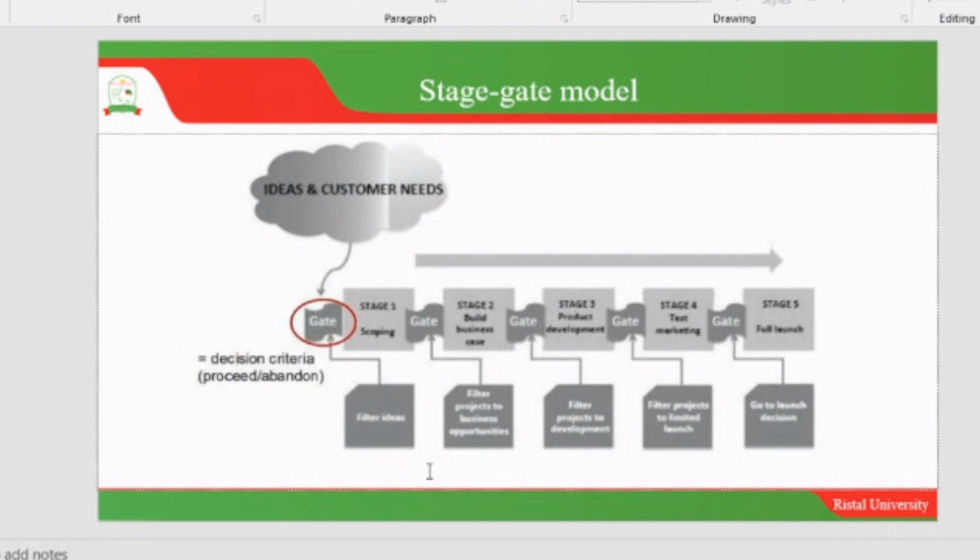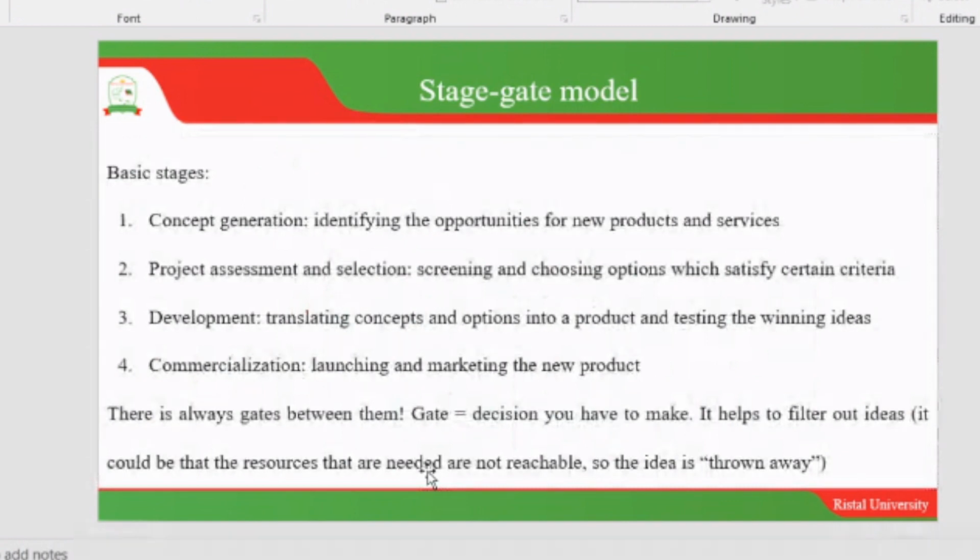So these gates are basically to trigger us to think again or to decide which idea is the best and how we can make it really solve those problems that exist in the population. So it includes concept generation, identifying the opportunities, then project assessment and selection, selecting the options which can satisfy a certain criteria.